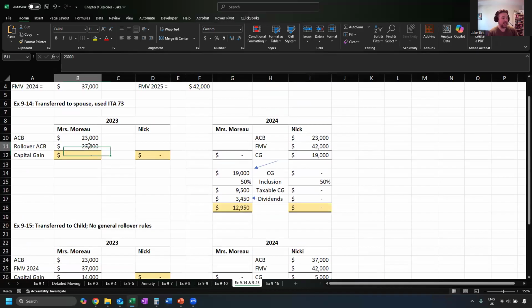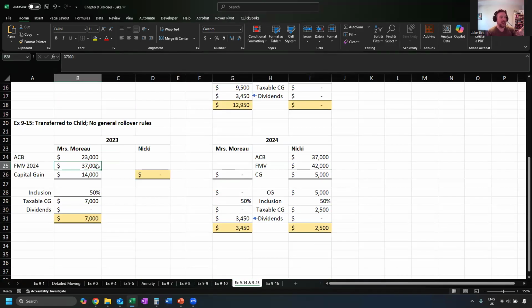That additional value change is going to be in her hands because we transferred at fair market value. When we transferred at cost, all of the value was attributed back to Mrs. Moreau. When we transfer at fair market value, the additional value change is in the hands of Nikki because Mrs. Moreau already recognized her change up to $14,000. She recognized the capital gains in her hand.